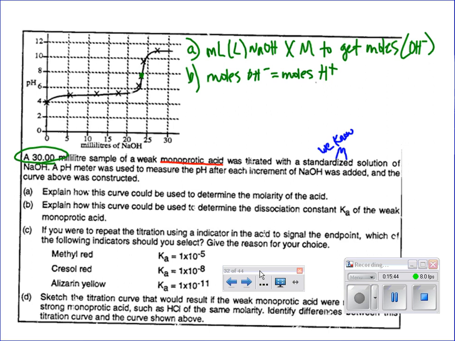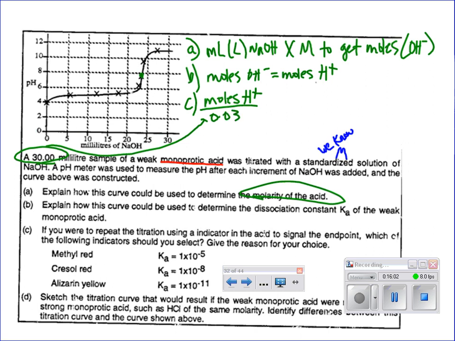It's asking us to find the molarity of the acid. If I know the moles of acid, how am I to get the molarity? Which I actually have a number for, which is what? Right here. 0.03 liters. And that will give us the molarity of the acid. If you didn't remember that at all, you need to do your homework, okay? Because I know some of those are in the homework.